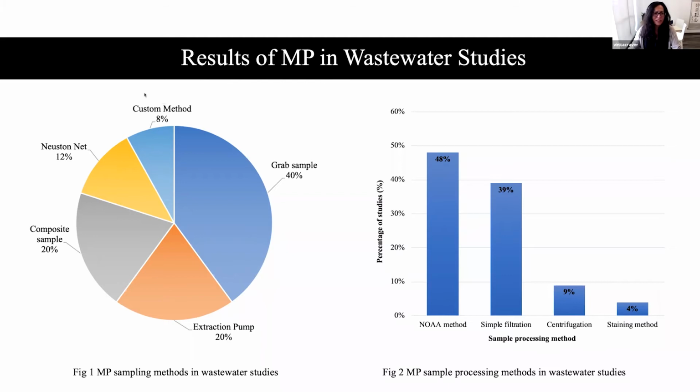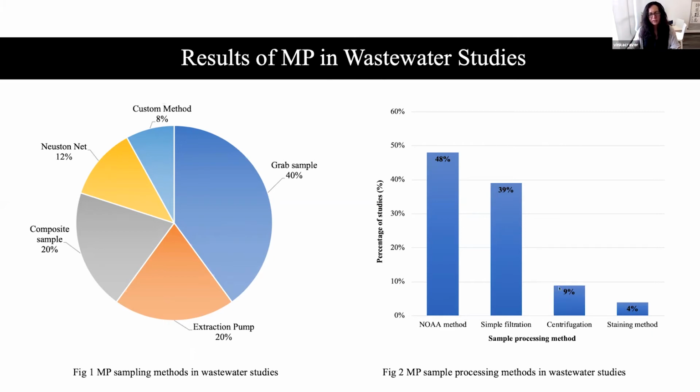In general, we did not see a consensus in terms of how long or how much to sample. None of it was really standardized, or there was no guideline at the time, at least for wastewater treatment systems. Another thing: after you take the sample, you need to treat it. We need to try to separate the microplastic from everything else in the wastewater. As you can imagine, there is still a lot of other material there.